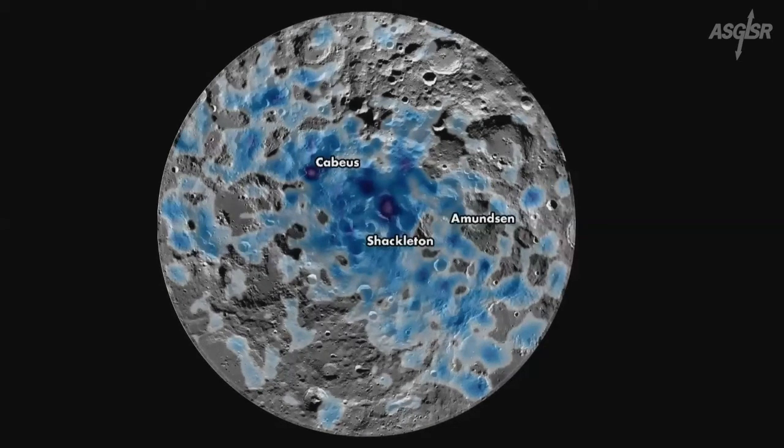And in fact, the two major ones that are labeled here, Shackleton and Cabeus, see a large concentration. Now, it turns out, instead of looking at the concentration of water in something like an Arctic circle, we see much more of an oval shape. And this oval shape of water across the south pole of the moon is matched in the northern hemisphere.